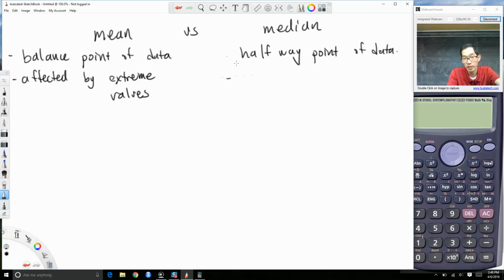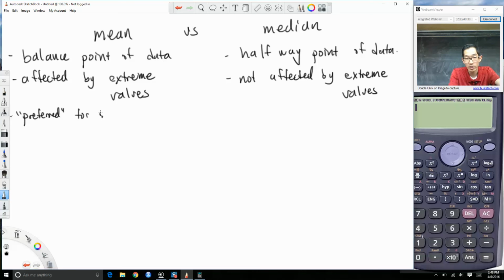Median is not affected by extreme values. I'm going to put "preferred" for symmetric data, and "preferred," quote unquote, for skewed data.